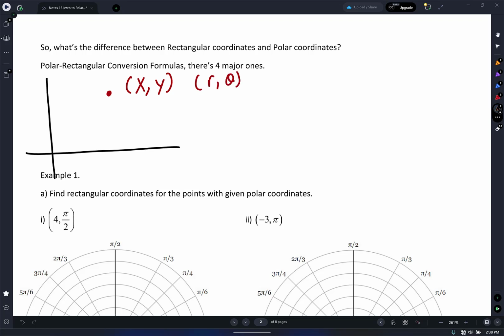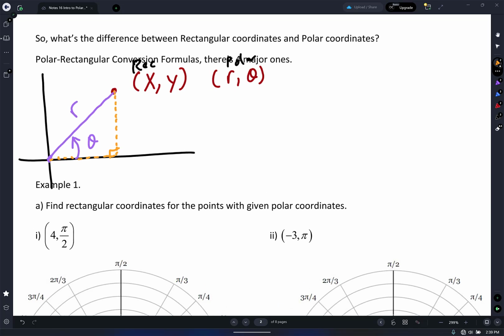So this one's rectangular, and this one's polar. We measure it from the origin. That's how you measure the r. This distance here is r, and this angle here is theta. Now check it out. Do you guys see this right triangle?